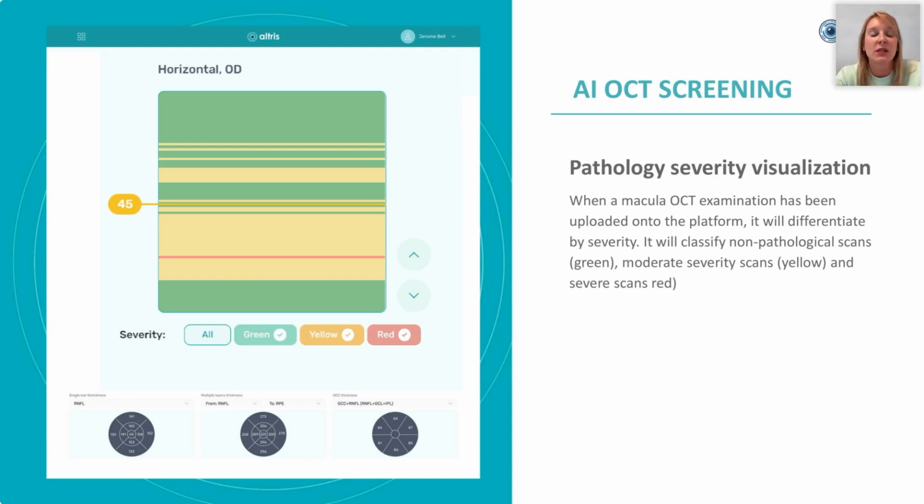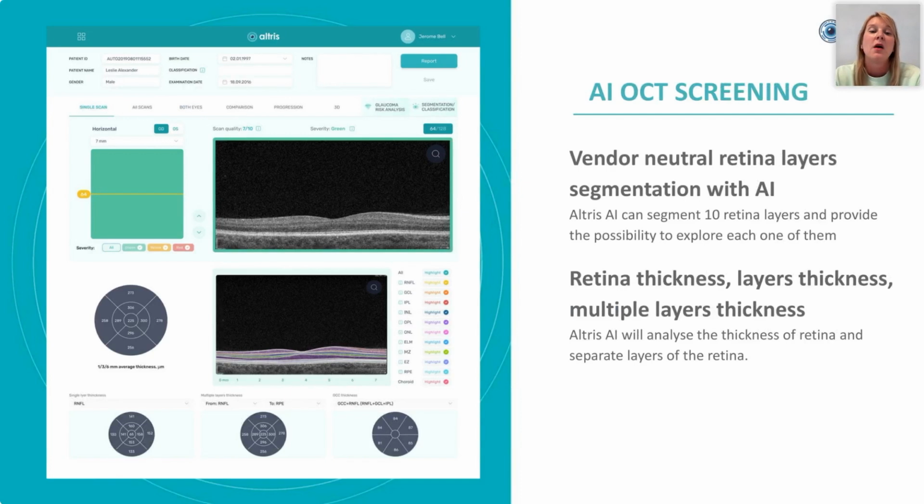Here you can see the square with 128 scans, and you can see that in the upper and lower parts of the macular zone there is no pathology, and then we can see some yellow areas just in the center. We understand that in many diseases, pathology can be located in one part of the macula, and this is very, very helpful.